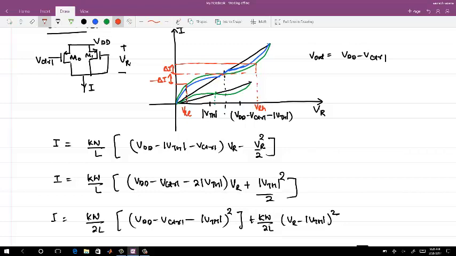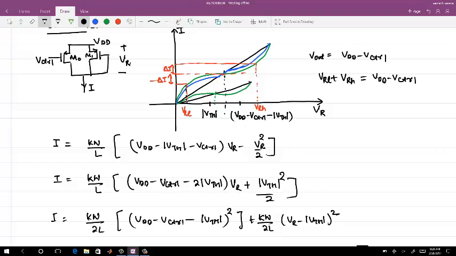And you can find the difference between VR low and VR high, with respect to the midpoint. So this one I worked out, which was VR low plus VR high is VDD minus V control.